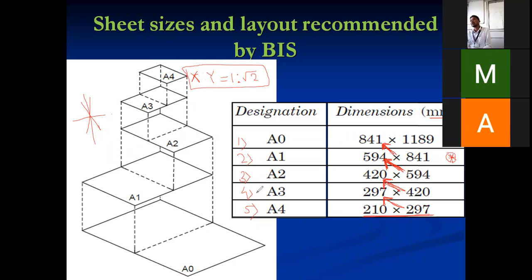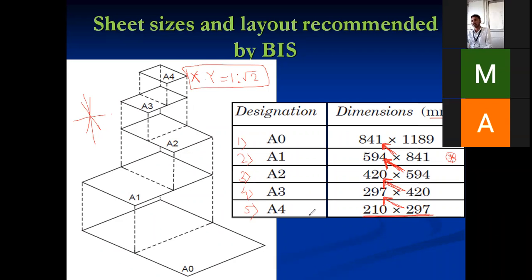So how to remember the table? Can anybody tell? From where we have to start? Suppose you want to remember this table, from where do you start? First, we have to note down the different sheet sizes.